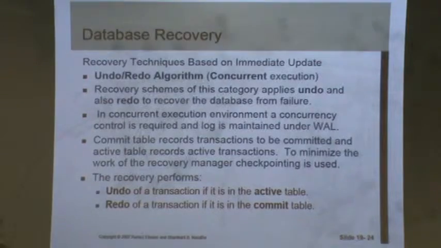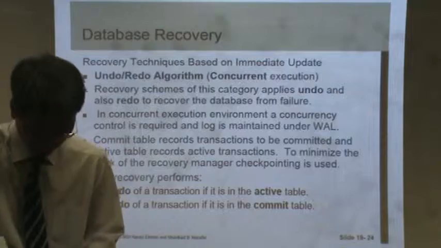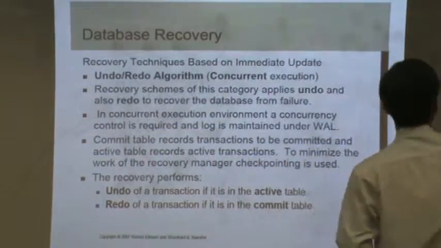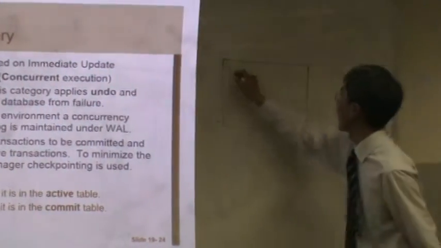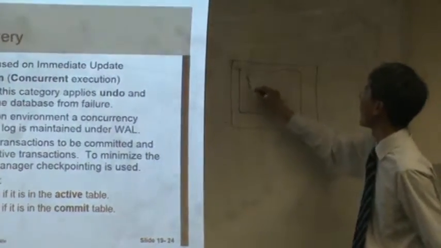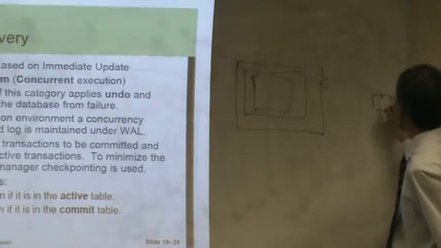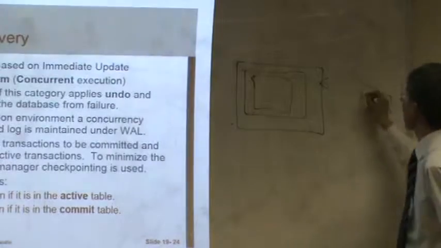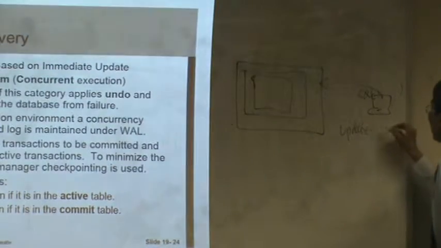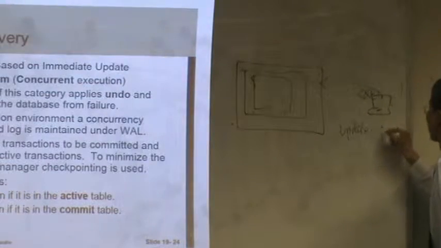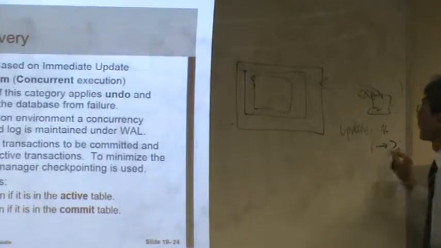So in other words, this is the computer. Then we have the operating system, and this is the DBMS. So we access the database system using SQL Plus and submit the update: employee information, salary 122. Okay? So update. What happened?